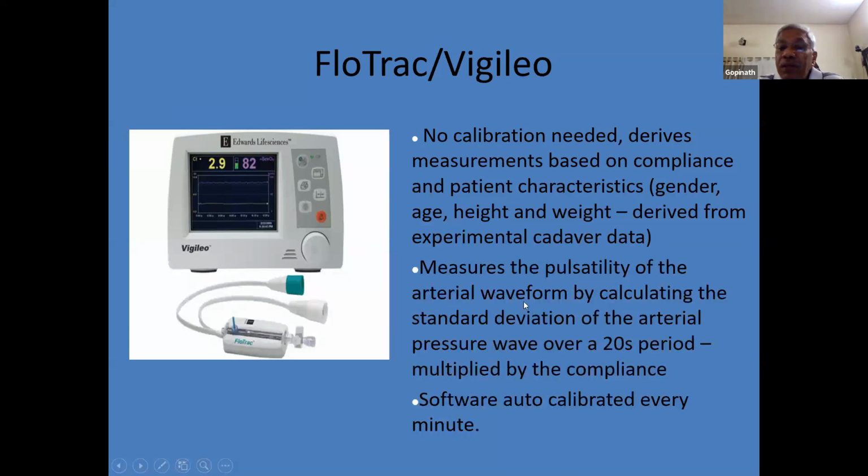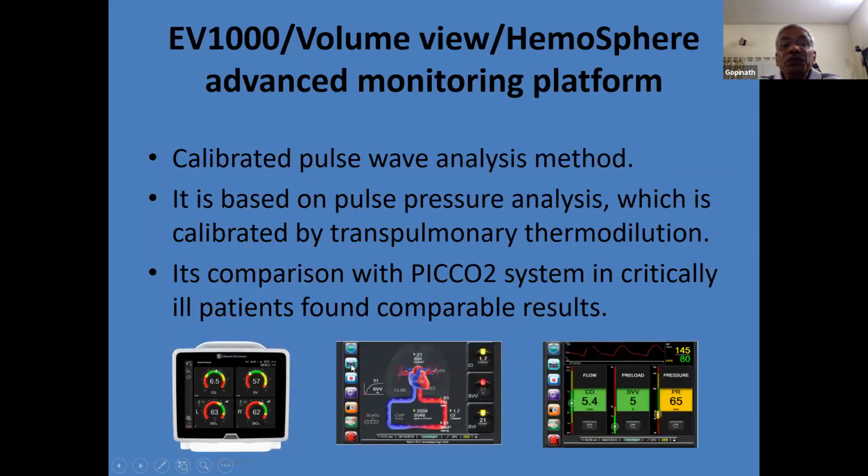They use the pulsatility of the arterial waveform, a standard deviation over a 20-second period, multiplied by the compliance. The software is auto-calibrated every minute, and they have so many versions now because arterial dysrhythmias used to cause problems, but now they have come up with algorithms to counter that also.